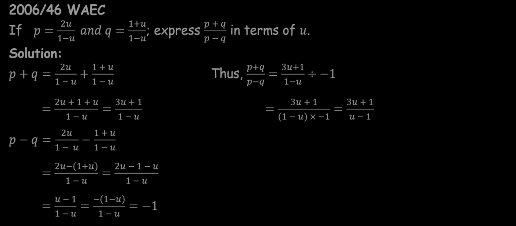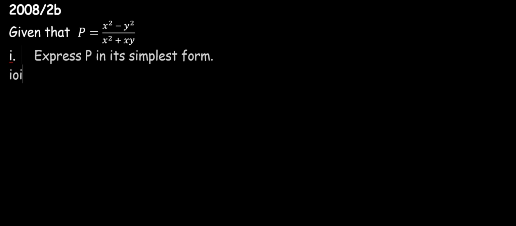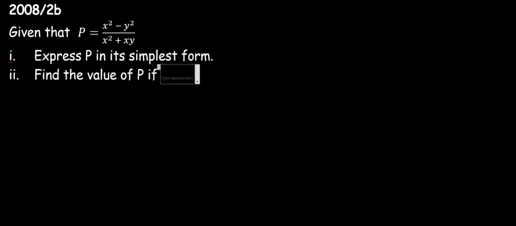Another example. Given that P is equal to x squared minus y squared divided by x squared plus xy, (i) express P in its simplest form, (ii) find the value of P if x is equal to minus 4 and y is equal to minus 6. Solution. We have to simplify the given expression.